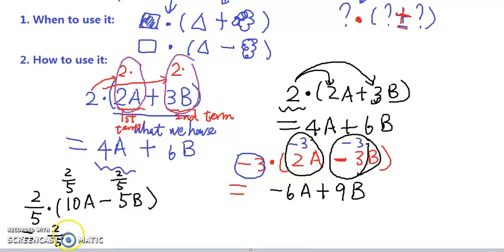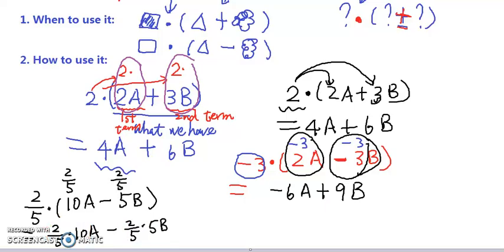So we're doing 2/5 times 10a minus 2/5 times 5b. Over here, there are fraction multiplications involved. So we're going to multiply 2/5 and 10, and 2/5 and 5. In order to multiply 2/5 and 10, we know we have to put both of them in fractional form and reduce the fraction or multiply straight across.